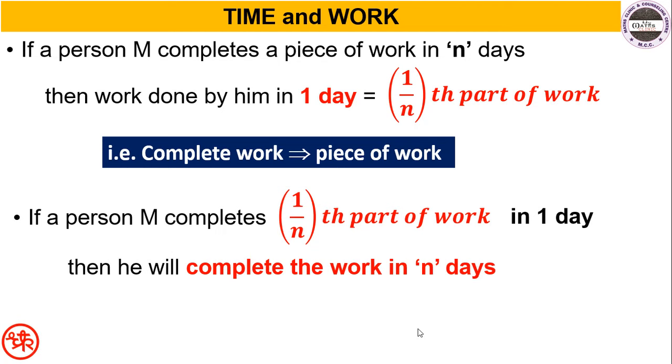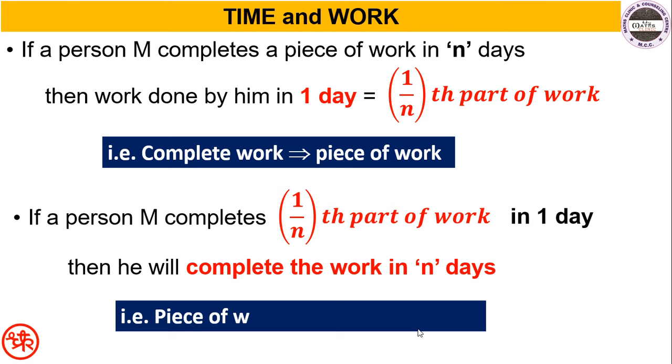N days. That is vice versa. Is that clear? So here the piece of work implies a complete work. Right. So is that clear?